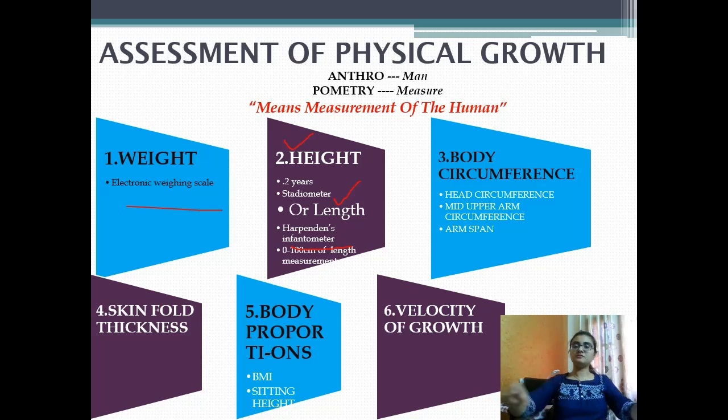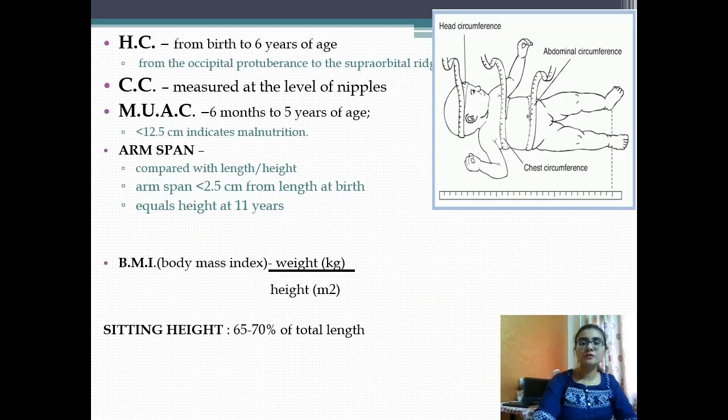As we are taking the height of a child in a lying position, it is termed as length of the child. Body circumference includes head circumference, mid-arm circumference, arm span, and skin fold thickness, and body proportion includes BMI and sitting height. All these things are used to assess the growth of an individual.